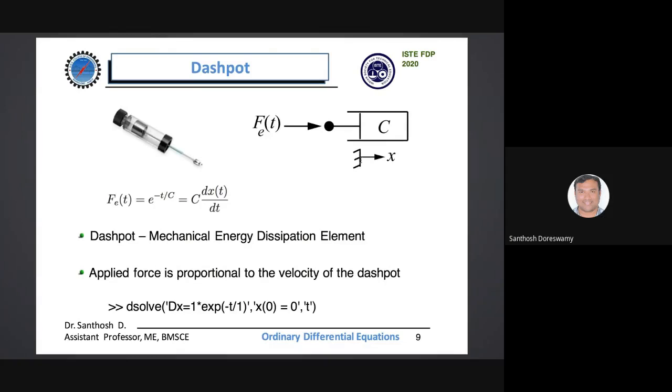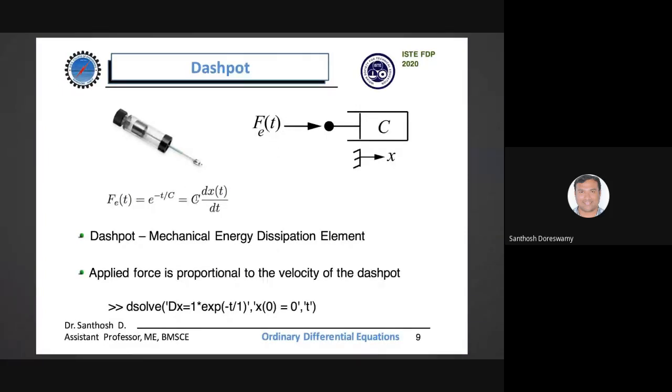So if I take x as a displacement of the piston, then the derivative of x with respect to time is the velocity. So this velocity will be directly proportional to the applied force.